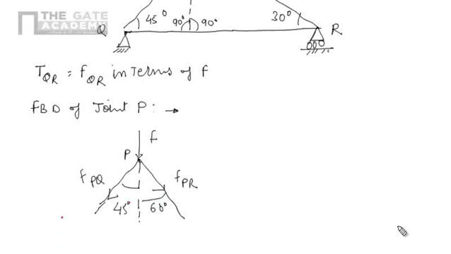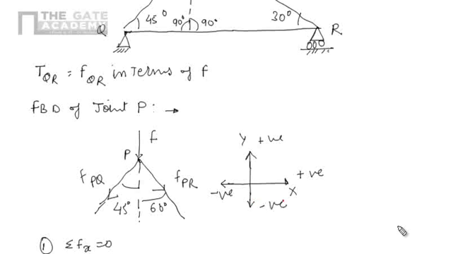Now apply the conditions of equilibrium, that is, the algebraic summation of all horizontal forces should be 0. According to our sign convention, positive x is positive, negative x is negative, positive y is positive, and negative y is negative.